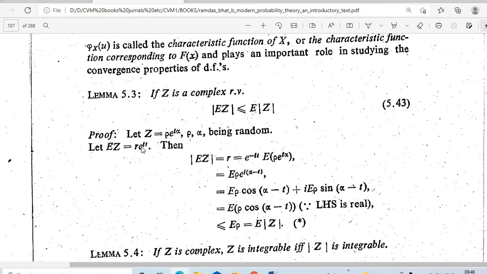So what will r be? r equals e raised to minus i t times the expectation of z.